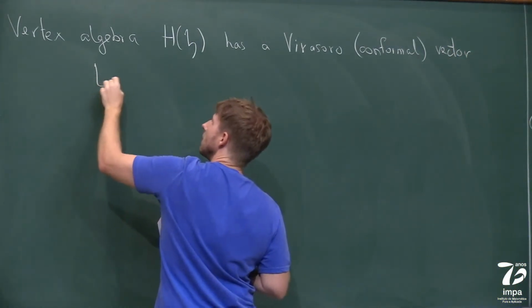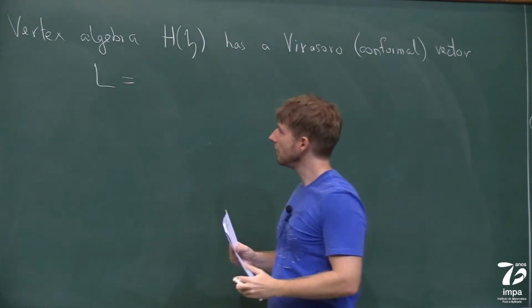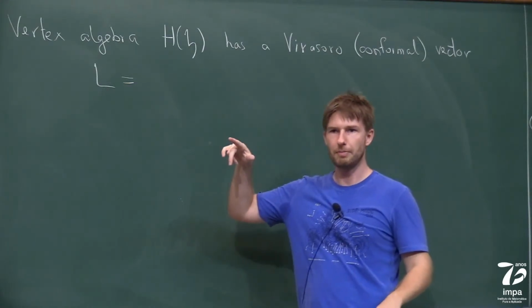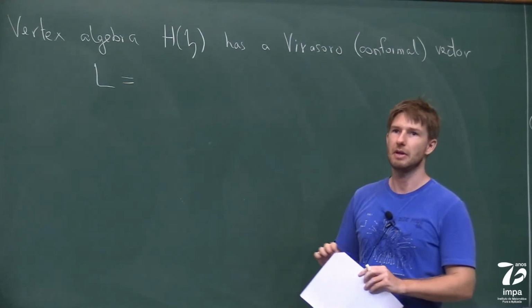Remember that initially we saw if you take the normally ordered product of h with h and divide by 2, that's a Virasoro element.